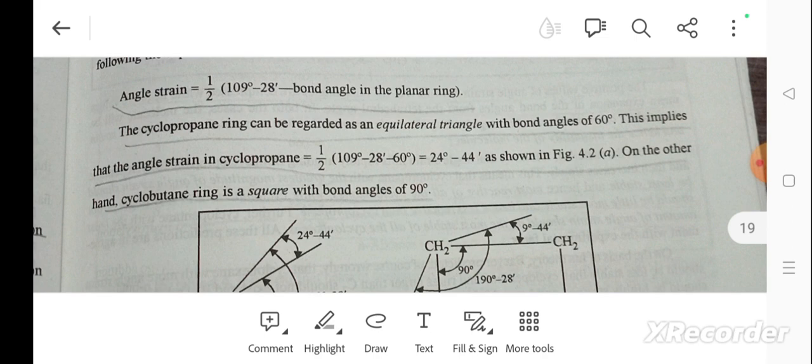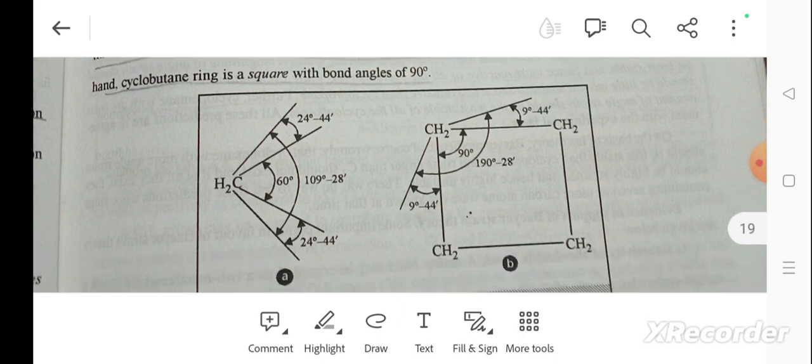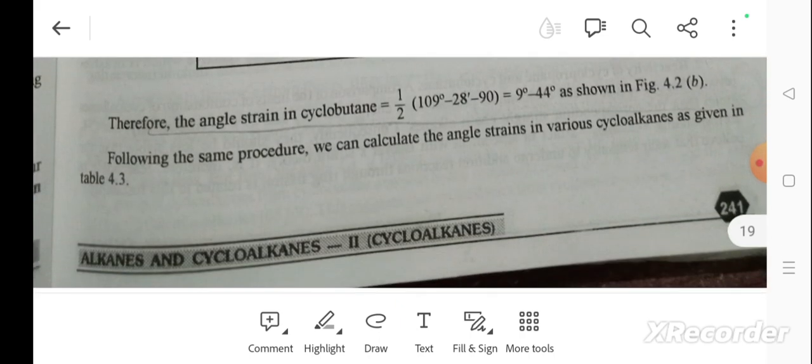On the other hand, the cyclobutane ring is a square with the bond angle of 90 degrees. Therefore, the angle strain in cyclobutane is equal to half of 109 degrees 28 minutes minus 90, which is equal to 9 degrees 44 minutes, as shown in figure 4.2b.